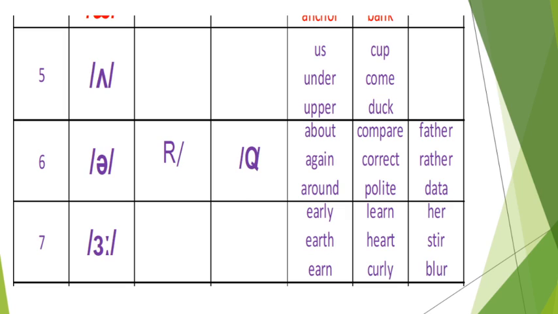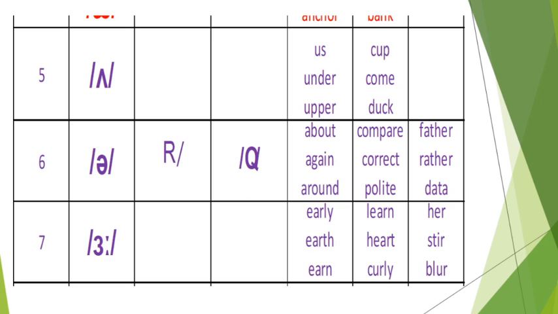Where there is R at the end of a word, this sound will be there. For example, F-A-T-H-E-R, father, M-O-T-H-E-R, mother, rather, gather, bother, farmer. Wherever there is R at the end of the word, this sound will be there. For example, D-A-T-A, data, like this.